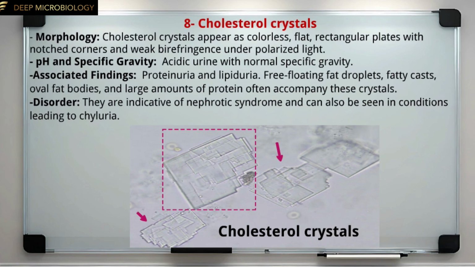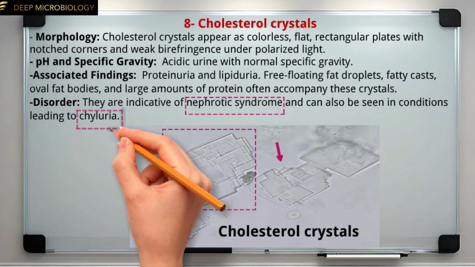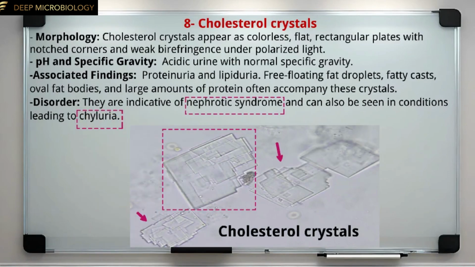Associated findings: their presence is rare and must be supported by accompanying signs, such as proteinuria and lipiduria. Free-floating fat droplets, fatty casts, oval fat bodies, and large amounts of protein often accompany these crystals. Clinical associations: they are indicative of nephrotic syndrome and can also be seen in conditions leading to chyluria.